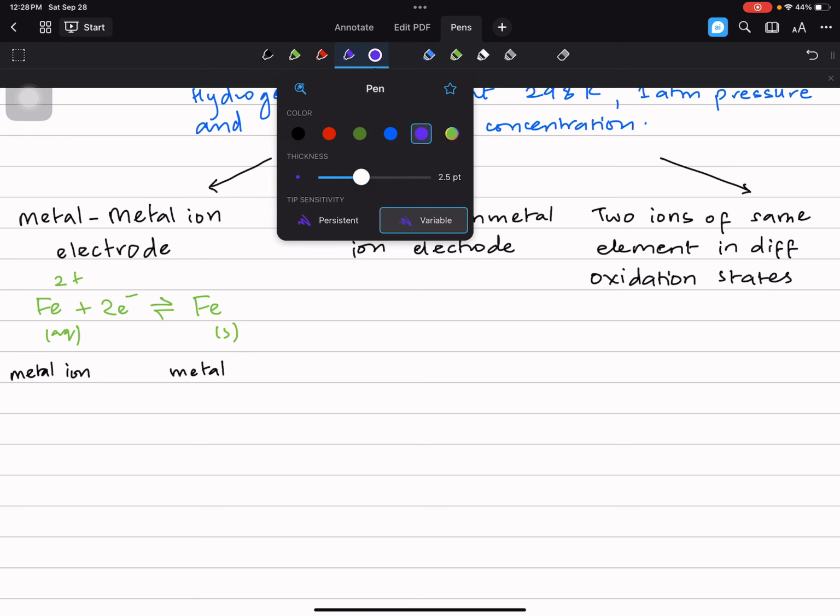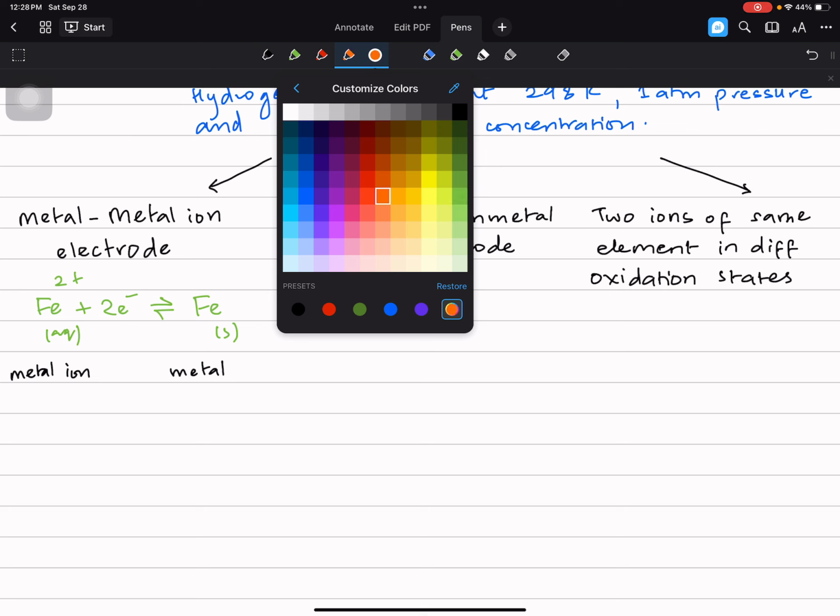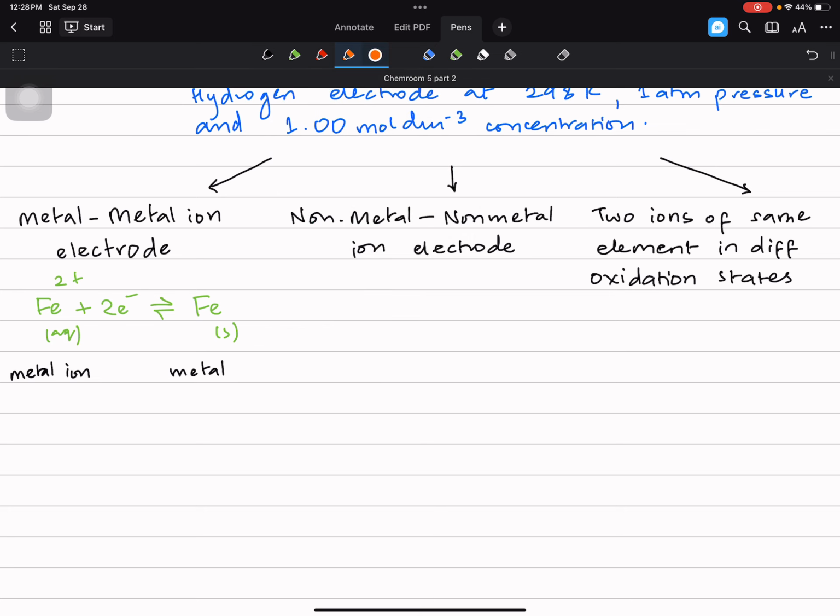Another example we have is between chlorine and chloride ions. Chlorine is the non-metal gas, which is basically a non-metal molecule gaining 2 electrons, becoming 2Cl-, which is the chloride ion. Chlorine is the non-metal, which is the atom or molecule, and chloride is the non-metal ion.